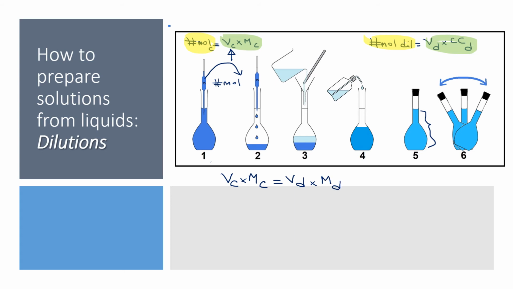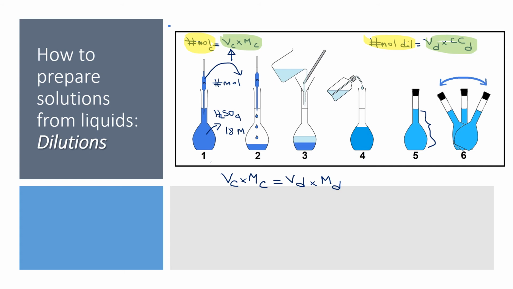Now, in the particular case that I'm doing, for example, I'm preparing a solution for you in the lab, and I use sulfuric acid. Sulfuric acid comes in a concentrated solution of 18 molar, okay? And let's pretend that I use this volumetric pipette that you can see here that has a 25.